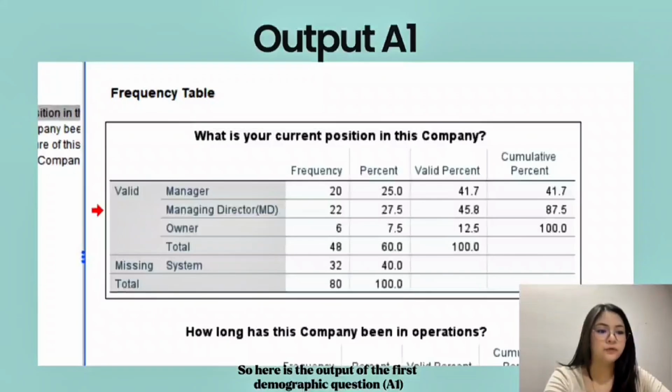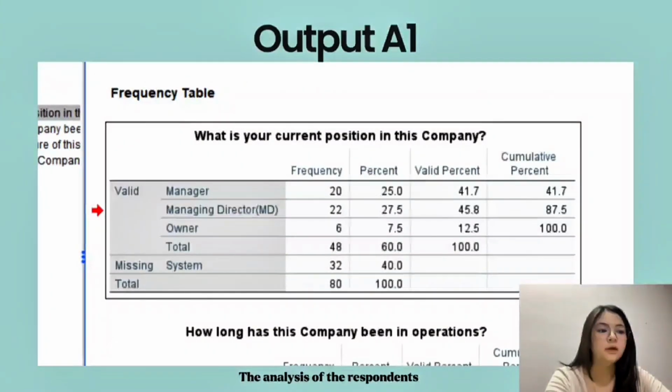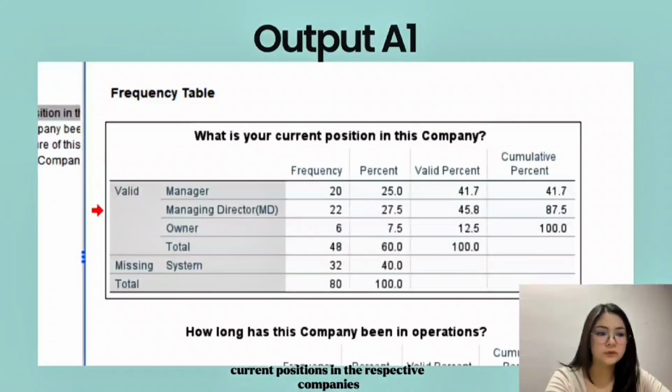So here's the output of the first demographic question, A1. The analysis of the respondents' current positions in the respective companies revealed a strong presence of individuals in leadership roles. Out of 80 total respondents, 48 provided valid answers to this question.